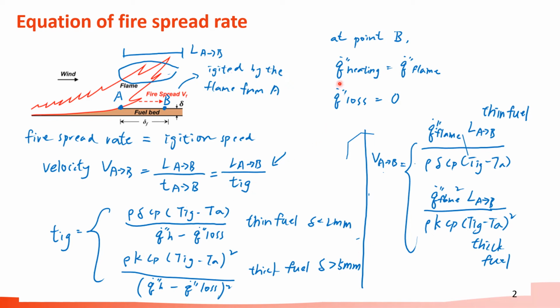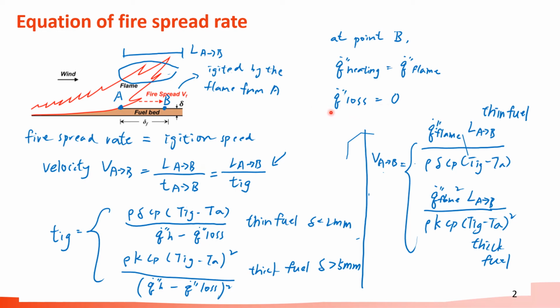Then let's take a look at point B again. Point B, as you can see, is almost covered by the flame. So we can say that the heat flux of the heating is equal to the flame heat flux as the fire covers point B, and the heat loss can be equal to 0.